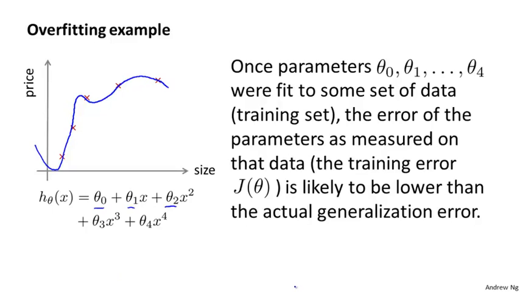And the more general principle is that once your parameters were fit to some set of data, maybe the training set, maybe something else, then the error of your hypothesis as measured on that same data set, such as the training error, is unlikely to be a good estimate of your actual generalization error, that is, of how well the hypothesis will generalize to new examples.